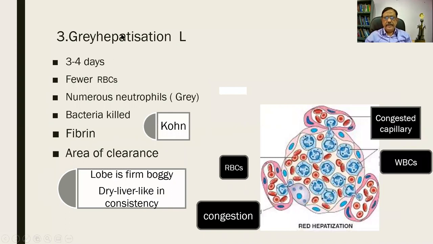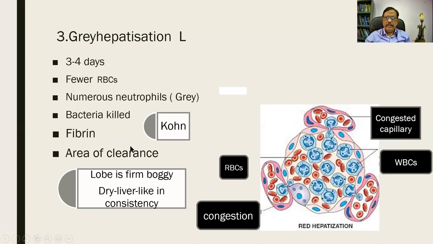Gray hepatization. Instead of the RBCs, you find that the WBCs start coming inside. So the color changes. Microscopically, you find numerous neutrophils will be there and fewer RBCs. The bacteria are killed and fibrin is being produced. This is an important feature.